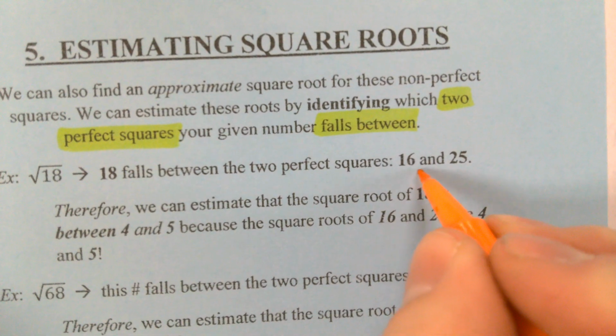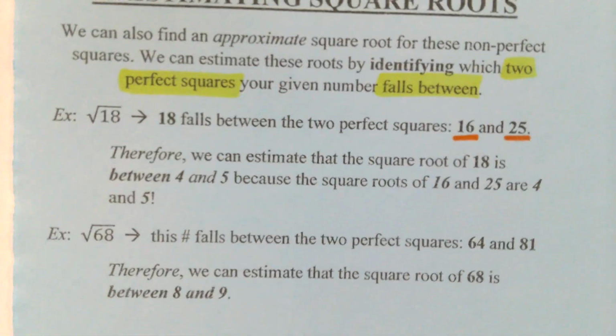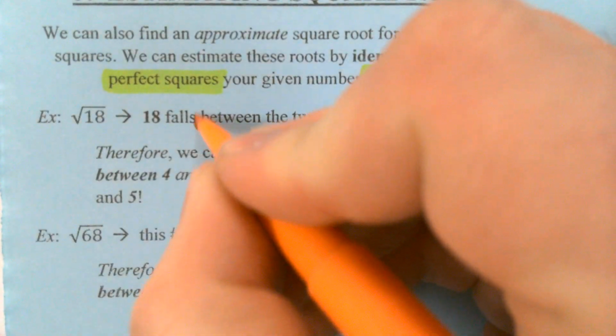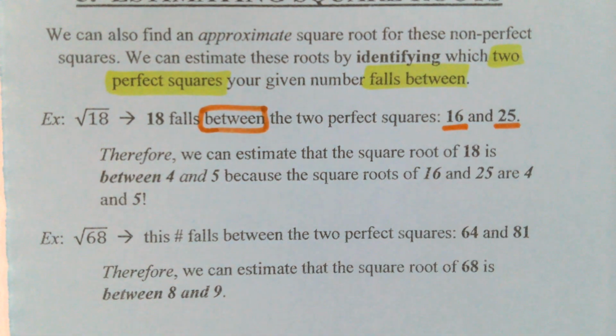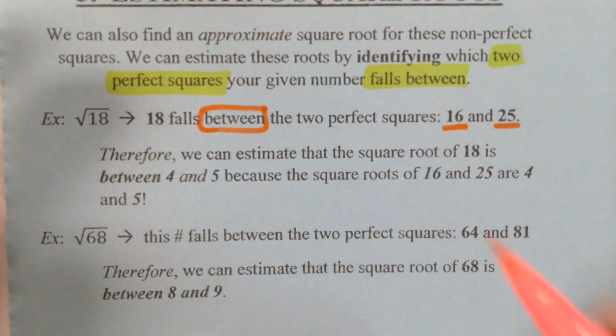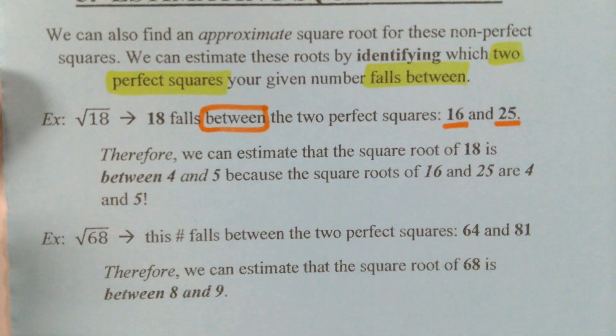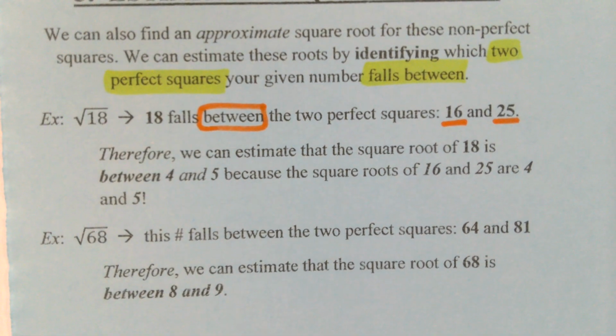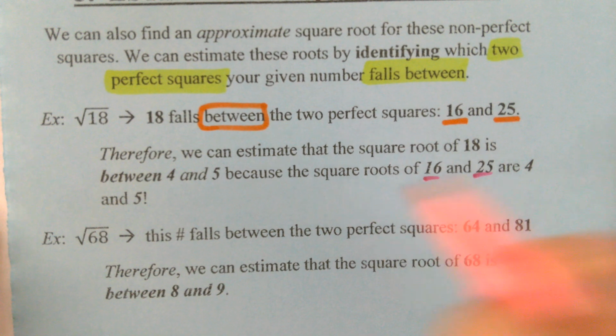So these are the 2 perfect squares that 18 falls in between. Therefore, we can estimate that this square root of 18 is between 4 and 5. Why 4 and 5? Well, those are the roots of 16 and 25.